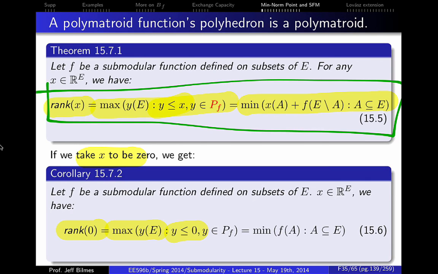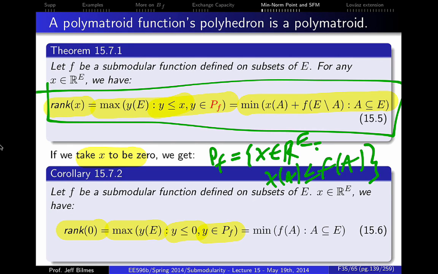Because it's saying that y is less than or equal to 0, and you're in the polytope. Now, of course, this only really makes sense when we're talking about the extended polytope. We've been talking about the polymatroidal polytope so far, but here we're specifically talking about the polytope PF, which is equal to all x in RE, such that x of a is less than or equal to f of a.